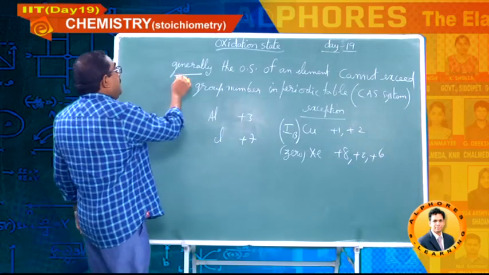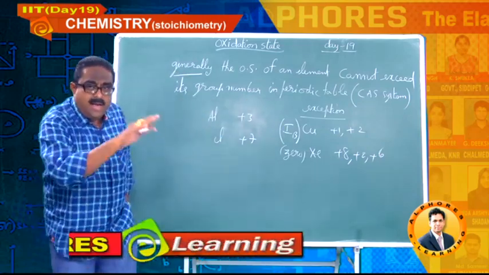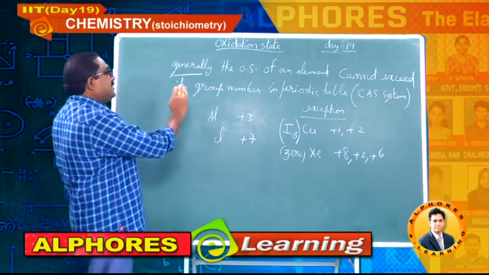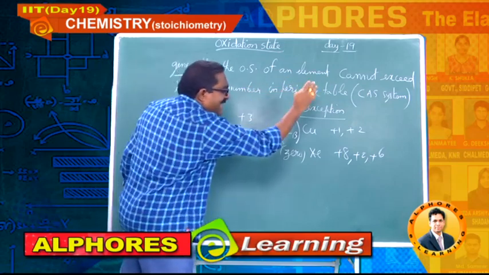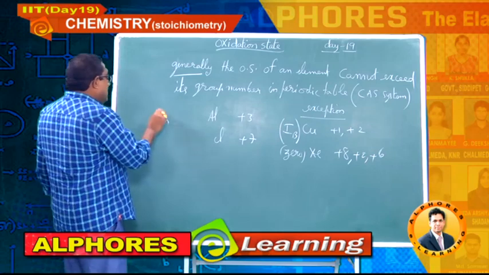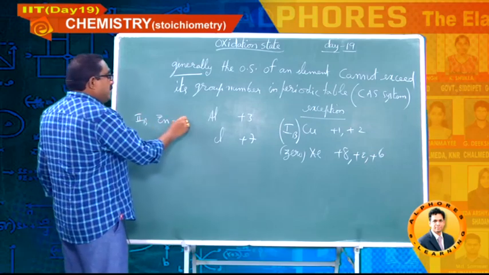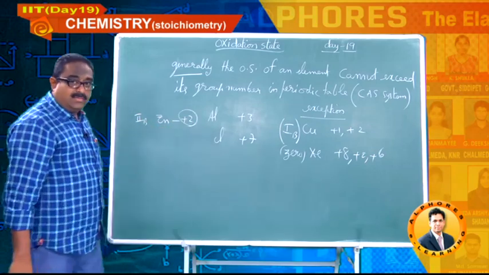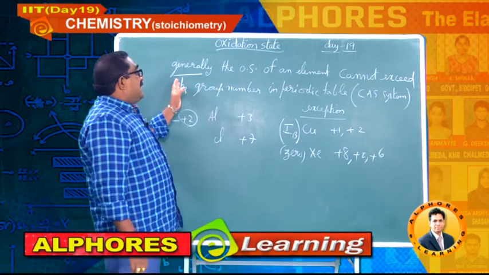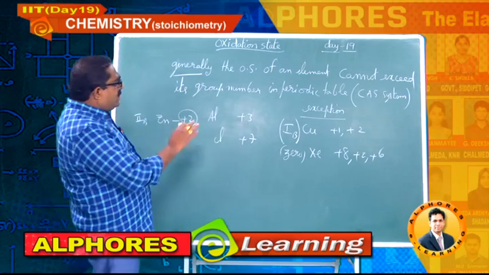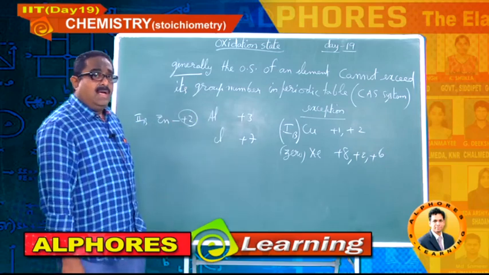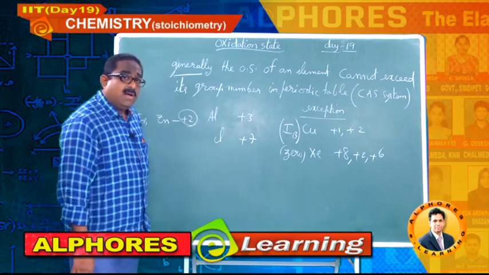That's why I mentioned here, generally the oxidation state of an element cannot exceed its group number in the periodic table according to the CAS system, that is A group and B group. Zinc, second B group, maximum oxidation state is +2 like that. So this is the next rule, usually we have to follow while assigning oxidation states to the atoms present in the given compounds.